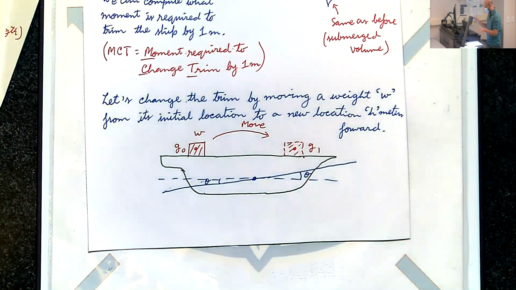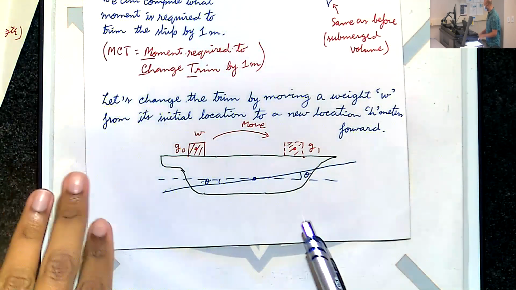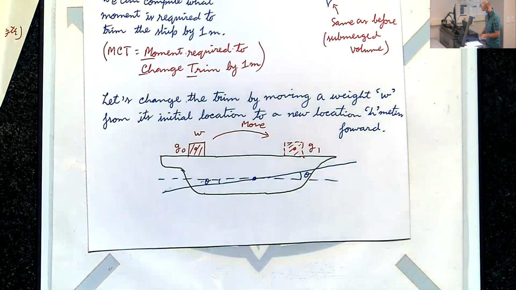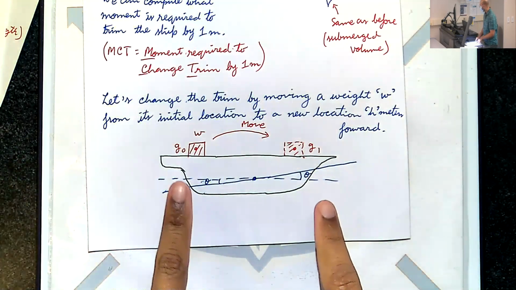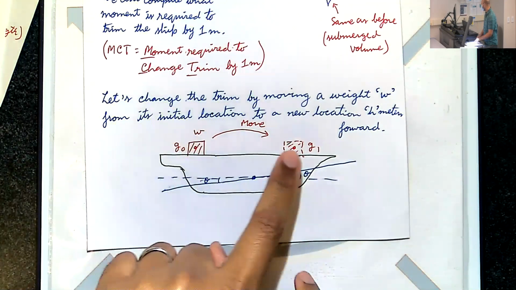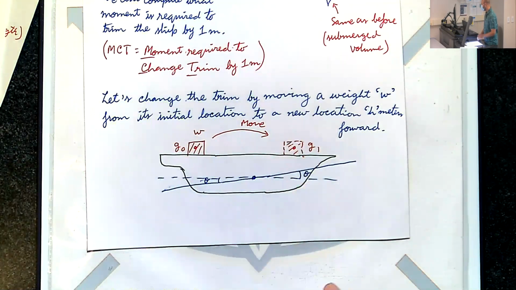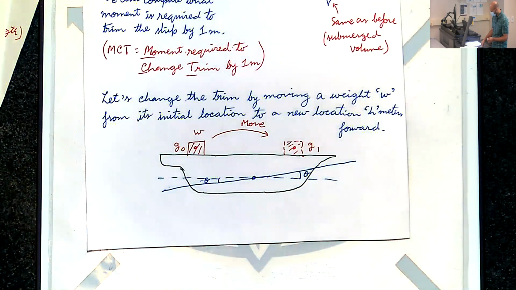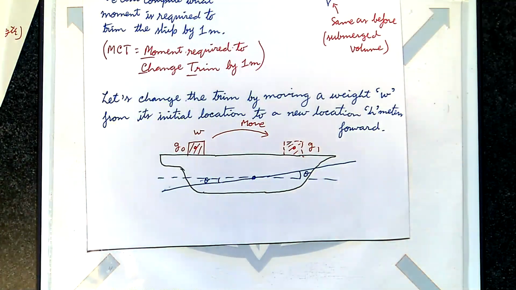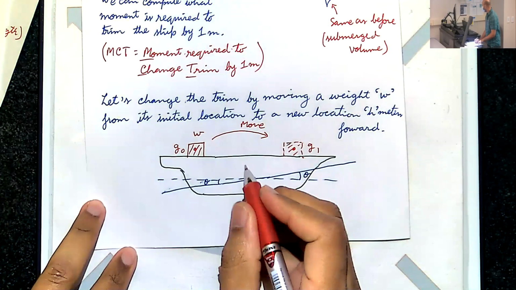All right, stop playing with your computers and come to paper and pen. So moving this guy from here to there, what's going to happen to the center of gravity? Will it move up, down, left, right? It'll move forwards. And will it move up or down?